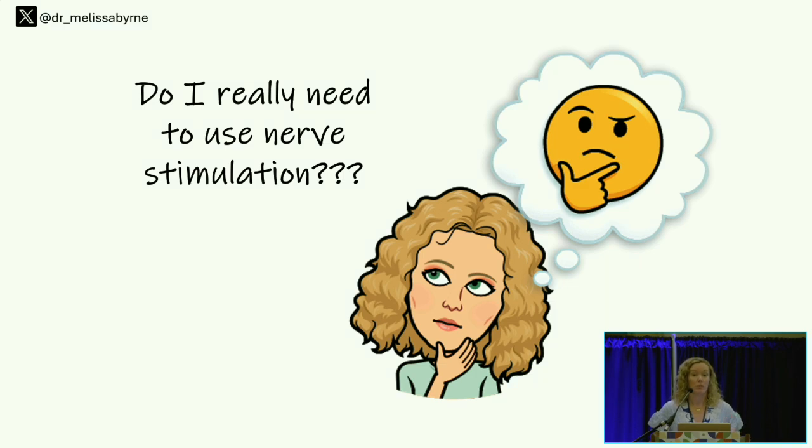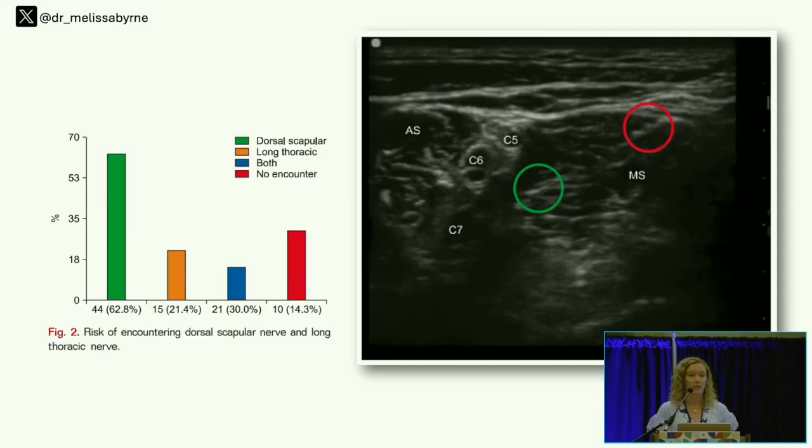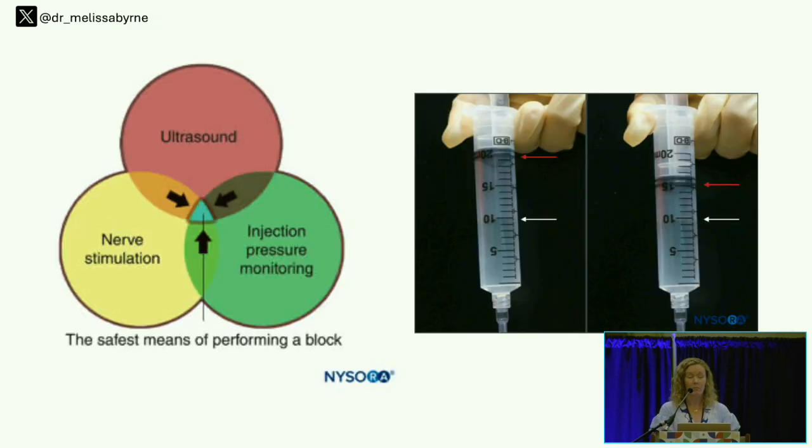And I say that with regards to nerve injury in the sense that there are many blocks that we do, in particular the interscalene nerve block, where the risk of causing nerve injury to nerves that we're not necessarily intending to block, like the dorsal scapular and long thoracic, may come in the field or the trajectory of our needle tip. Many have actually advocated that we use a combination of 3 monitors: ultrasound, nerve stim, and injection pressure monitoring in order to prevent nerve injury.